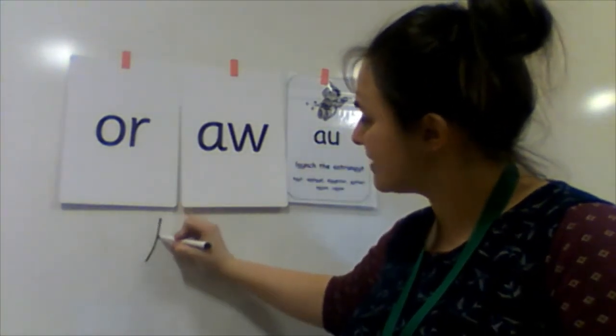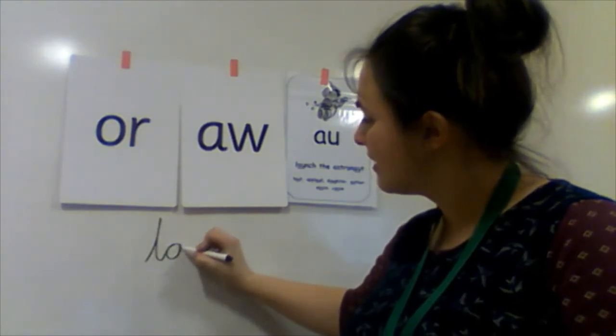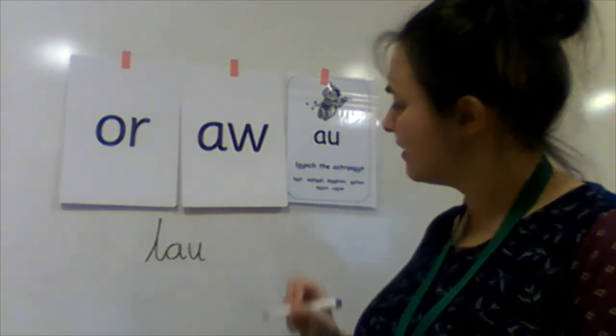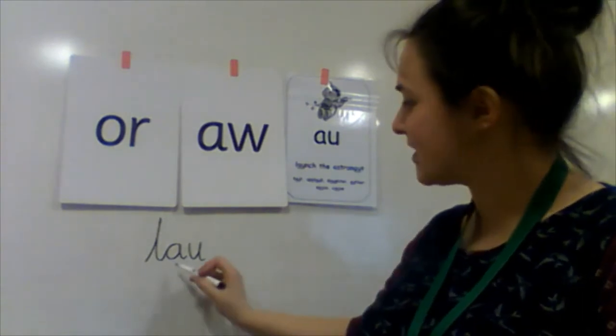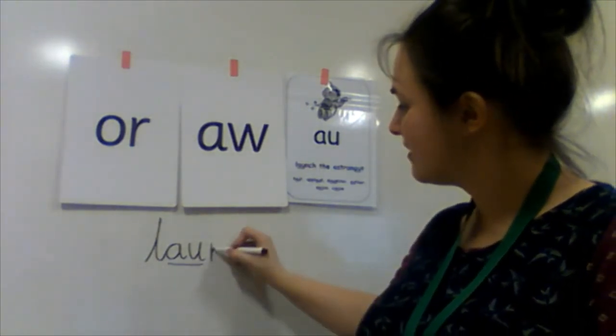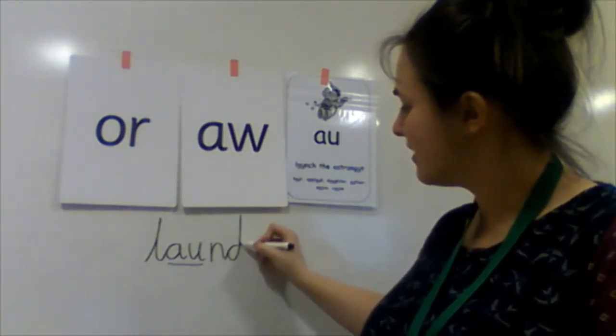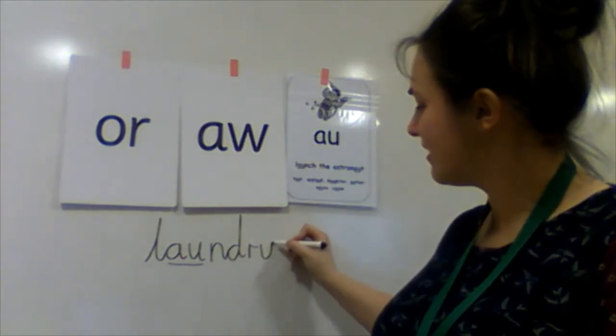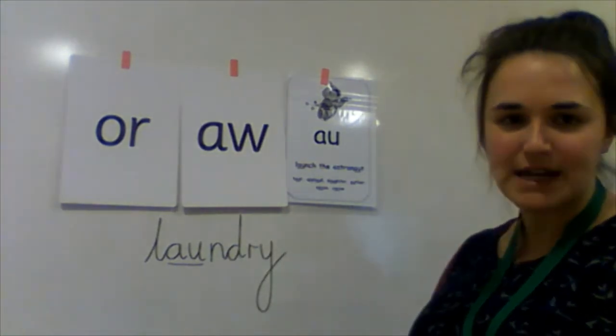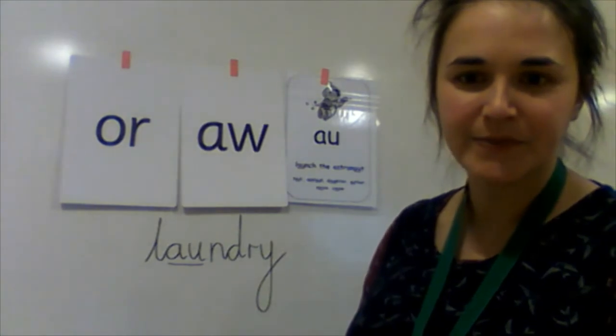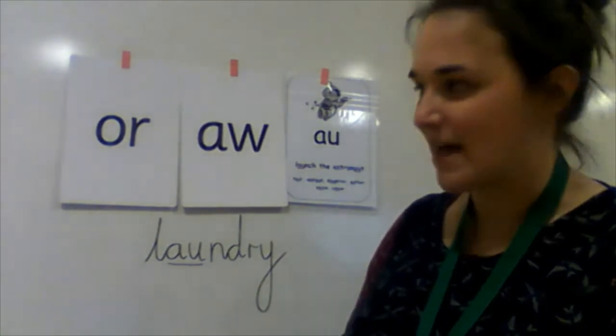Let's have a look at some words with our new grapheme in it. I'm going to write it down here. Oh, there's my O sound. Can you read my word? Let's blend it together.